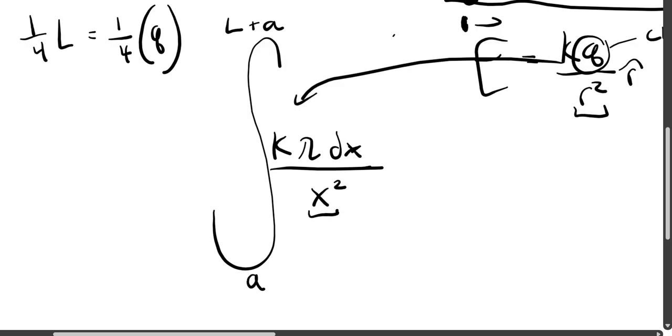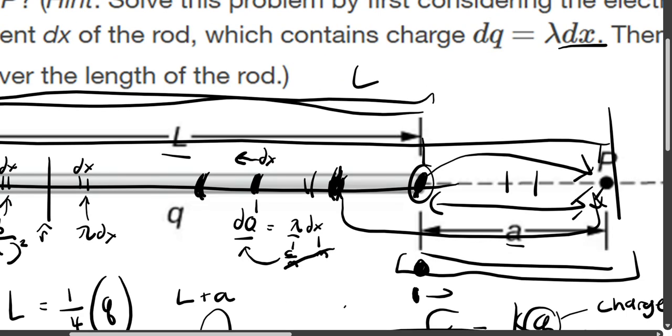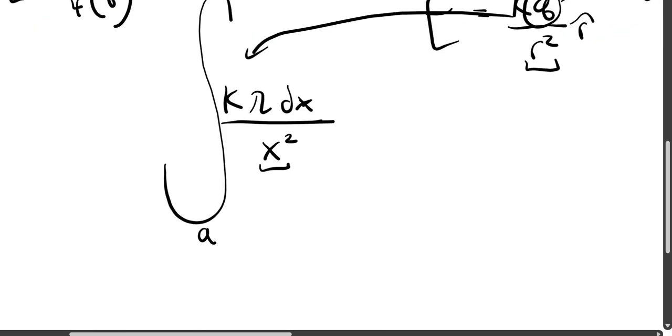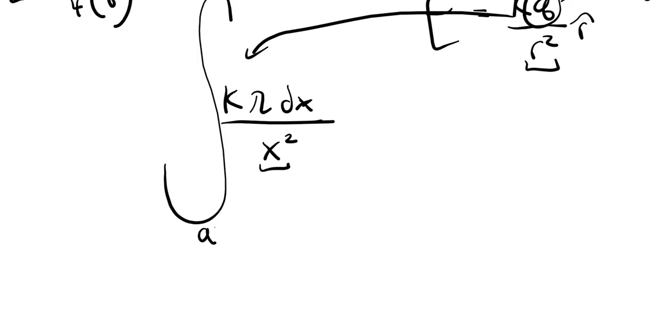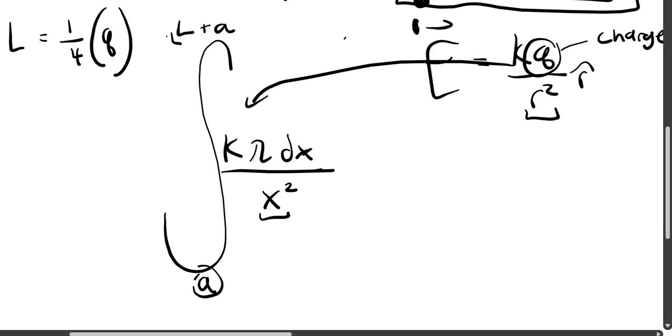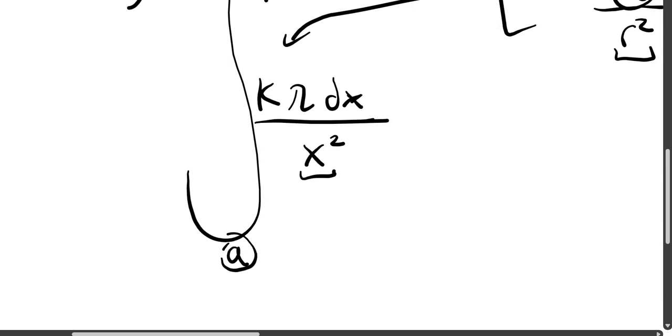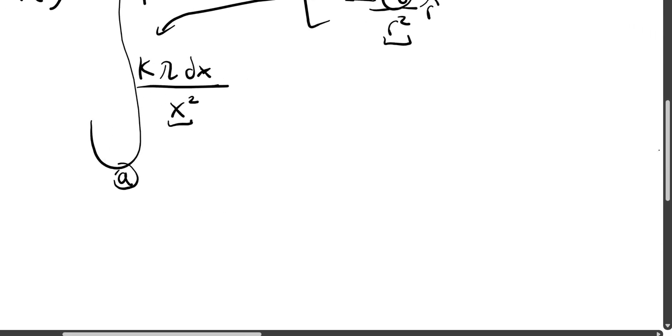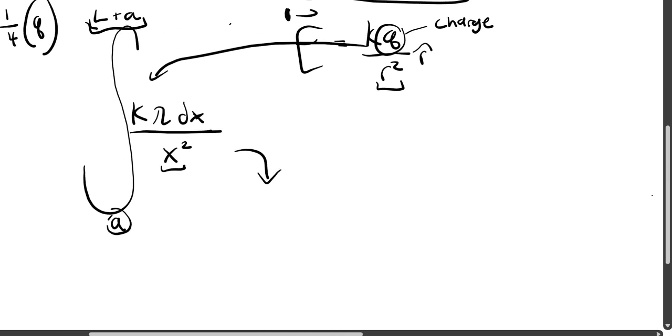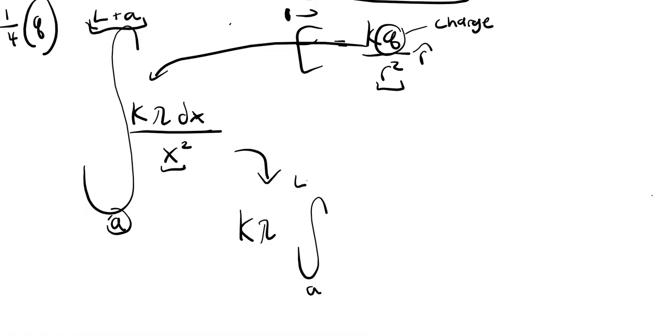This is going to be our distance from every point on this line to P. And when you actually evaluate this integral, you're going to see that you're evaluating it by plugging in the bound values into whatever we get. So immediately we see this and we're like, okay, k and lambda are constants. So we say k lambda, integral from a to L plus a, dx over x squared.